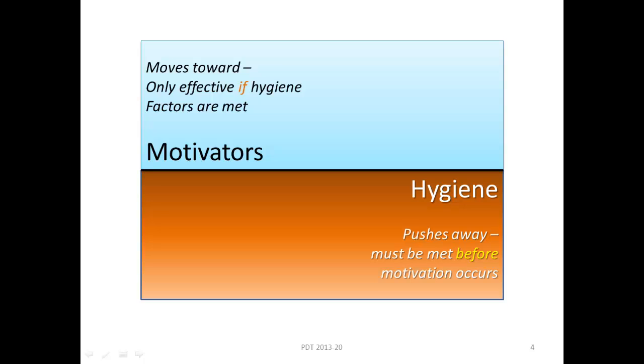He realized that one set of factors, which he called hygiene factors, do not in fact lead to motivation. However, if they are unfulfilled, then motivation cannot occur. In a sense, the hygiene factors are the foundation upon which motivation can be built. If the hygiene factors are met, then the other set of factors, the motivators, can be used to increase motivation.